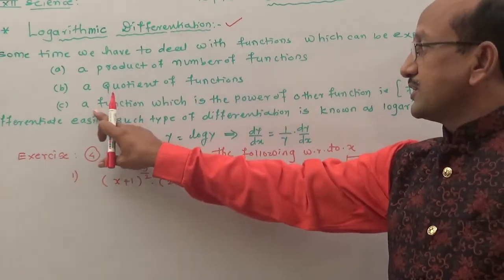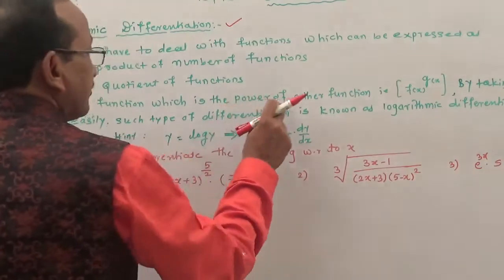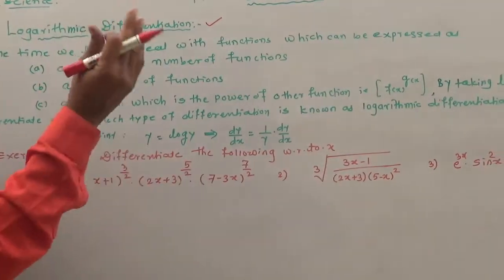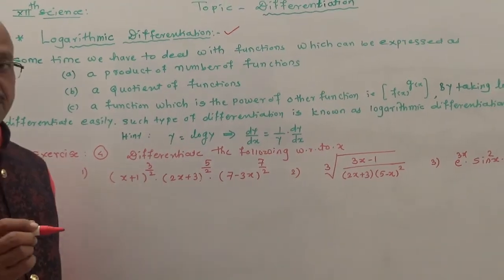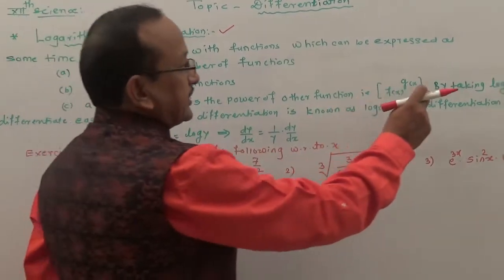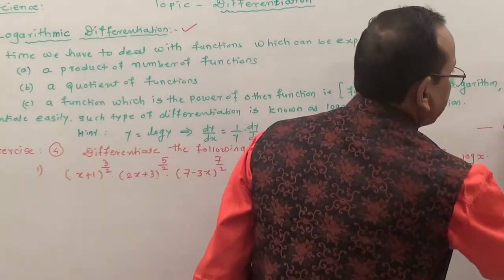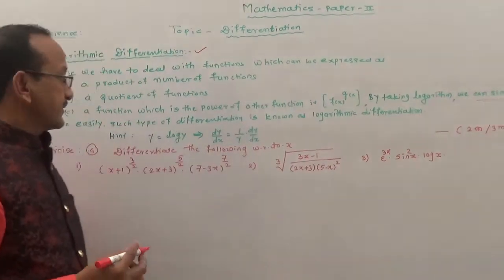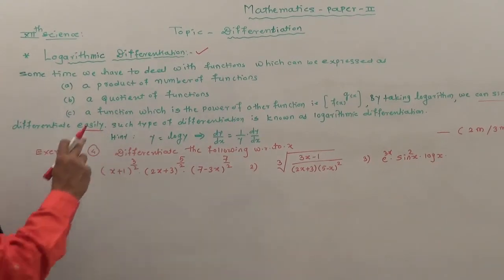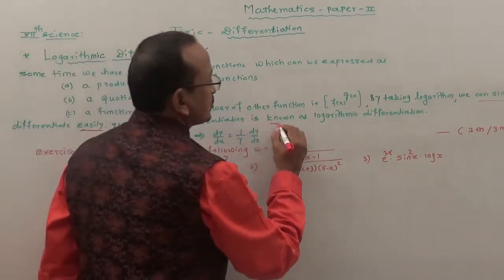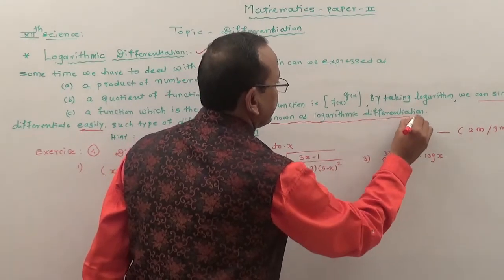And third, a function raised to the power of a function. Then it is easy to find the derivative by taking logarithm. We can simplify these functions and differentiate easily. Such a type of differentiation is known as logarithmic differentiation.